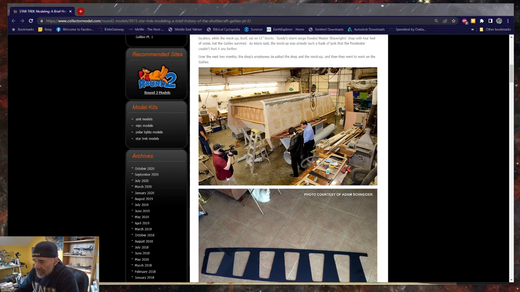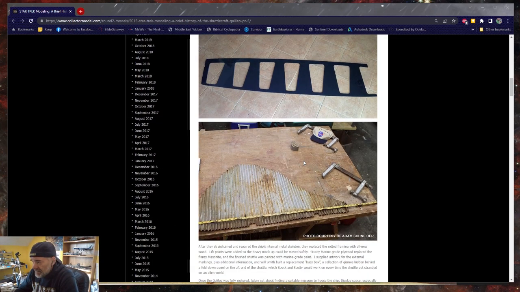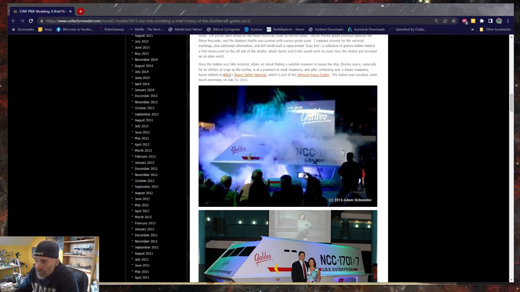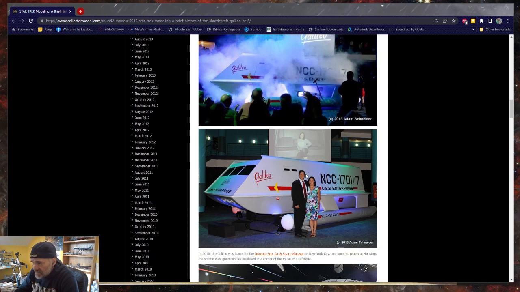And so they worked on it, and the ship was donated to or put on display at the Johnson Space Center in Houston. Now, they used the original plans of the shuttle to restore it. Paints, everything. And the entire shuttle was all white.